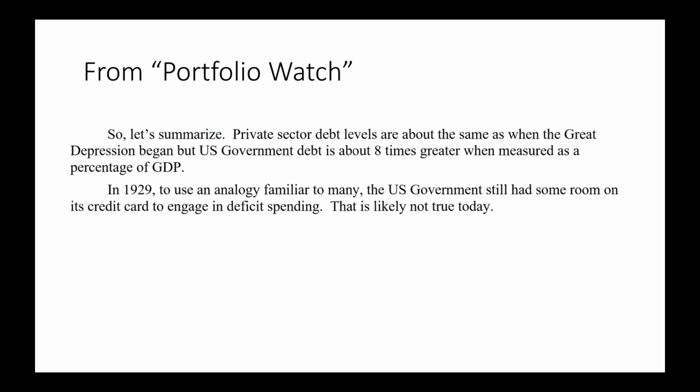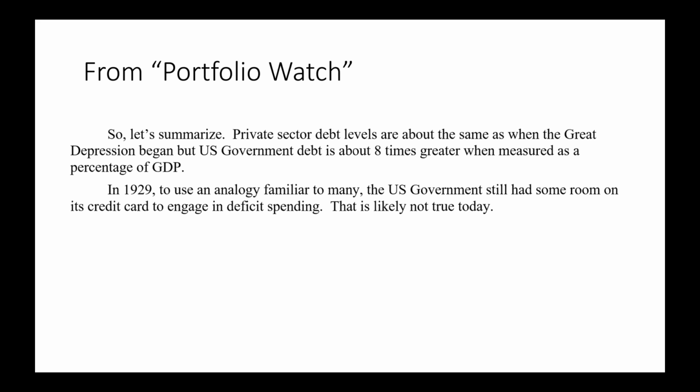So to summarize, private sector debt levels are about where they were when the Great Depression began. Now, I would argue the Great Depression was caused by debt excesses. But US government debt today is about 8 times greater than it was in 1929 when you measure debt as a percentage of the economy.